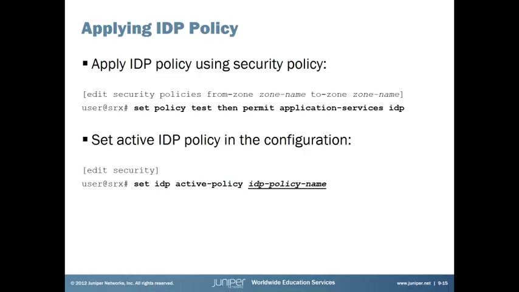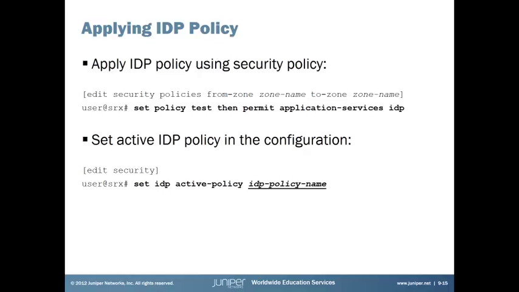If you wanted to then apply IDP to the traffic that is coming in, which is a sensible place to put IDP, you would go to that policy, and then after your permit statement, which would be right down the bottom of your policy, you would put the terms application-services idp.